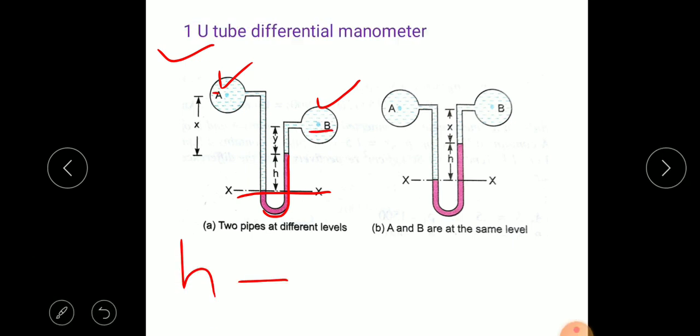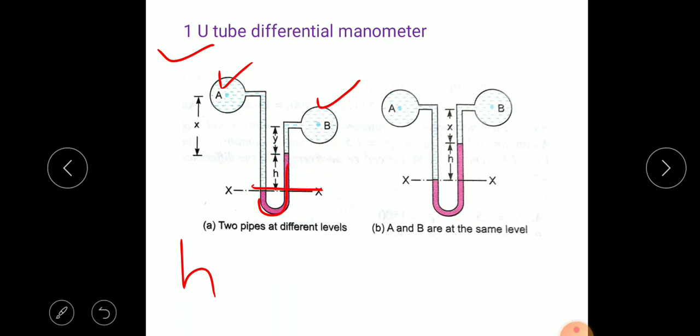So this fluid may be mercury, having a higher density than the other fluids. So the difference in these two manometric fluid or mercury levels is H. Whatever other levels we are taking are measured from the H.